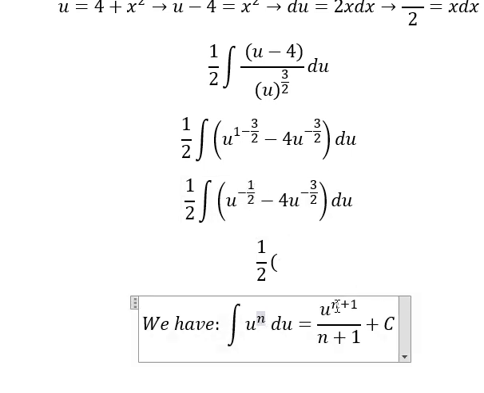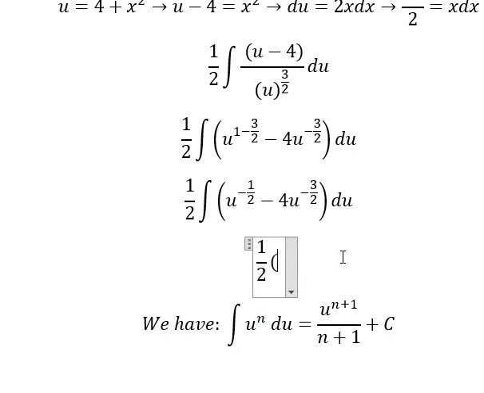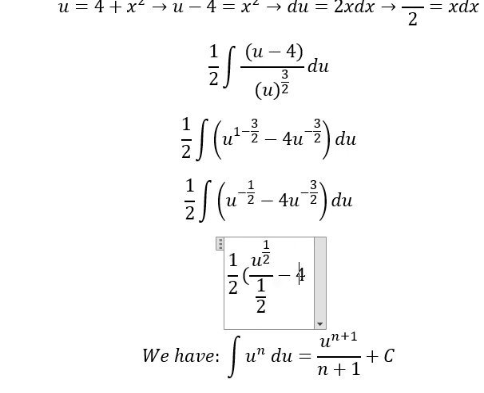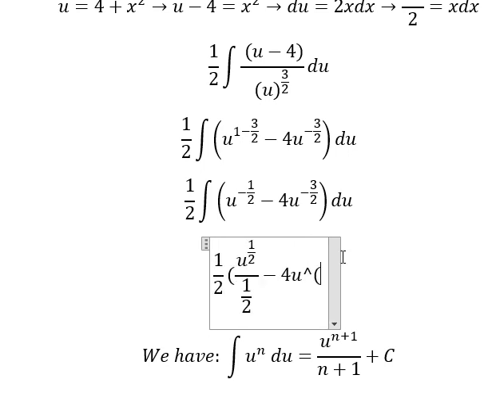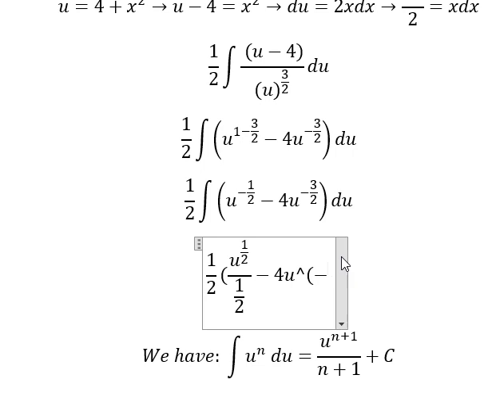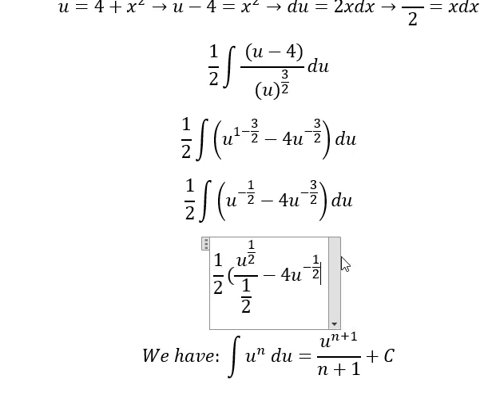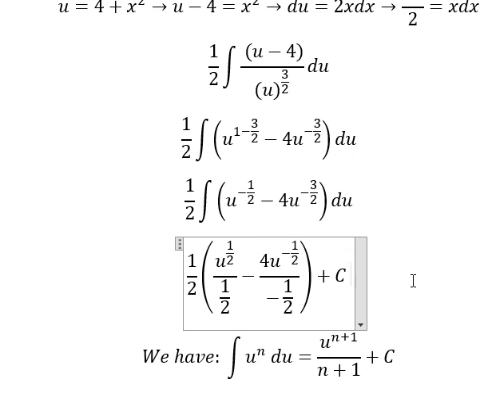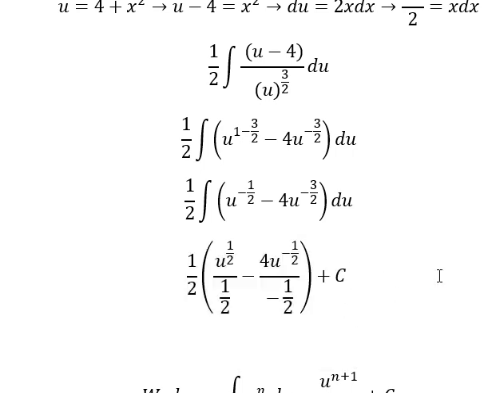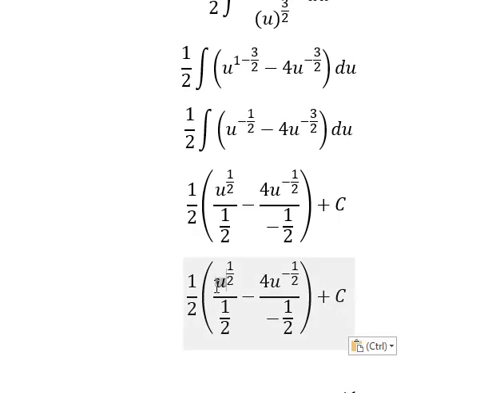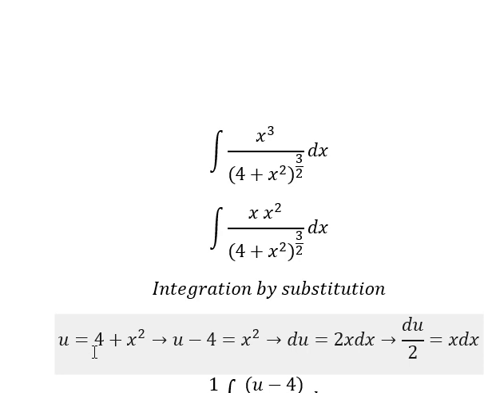So we have negative 1 over 2 plus 1, we have positive 1 over 2. And the second one, we have negative 1 over 2. About u, that is about this one.